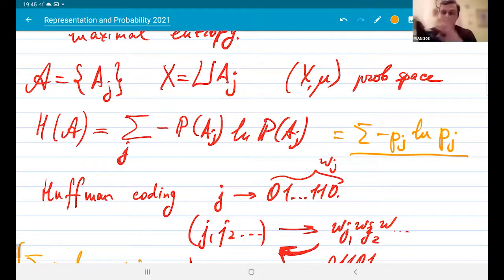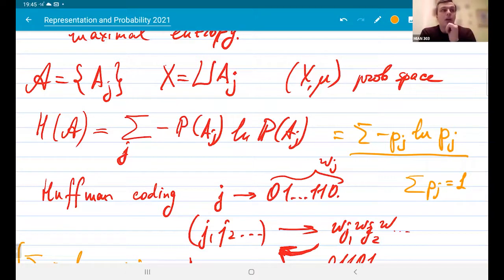But you can somehow modify the PJs as you want. When the entropy is maximal, for what choice of PJs, of course, you see that the sum of PJs equals 1, but for what choice of PJs will this number be maximal?